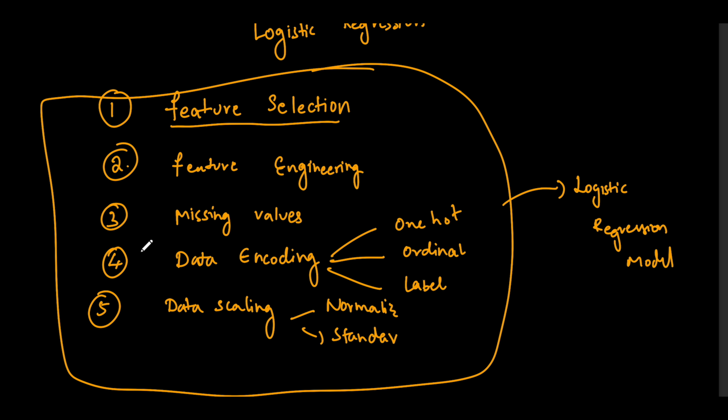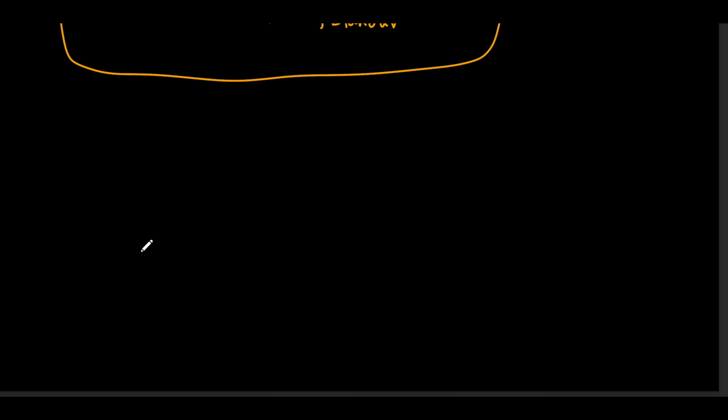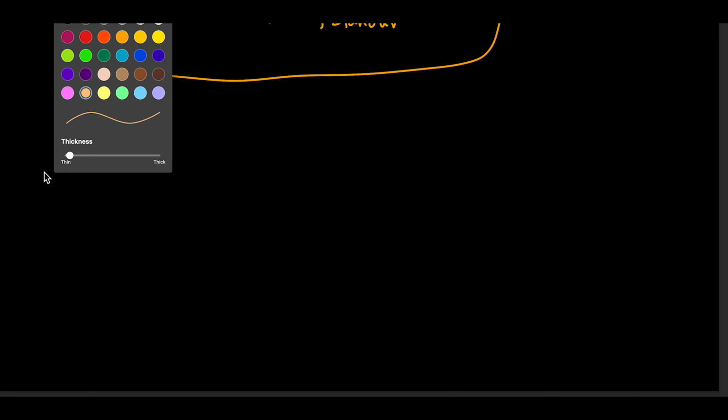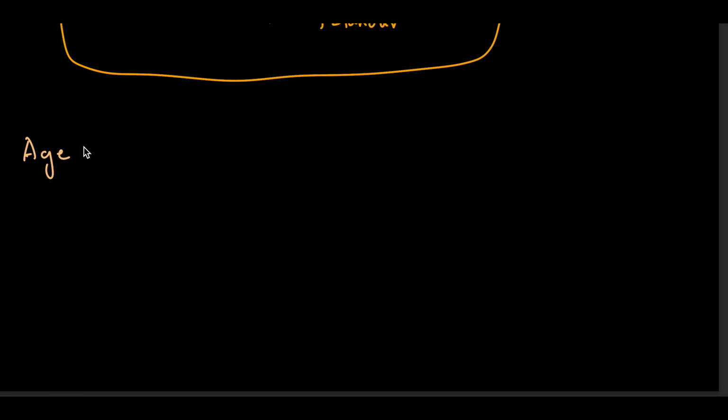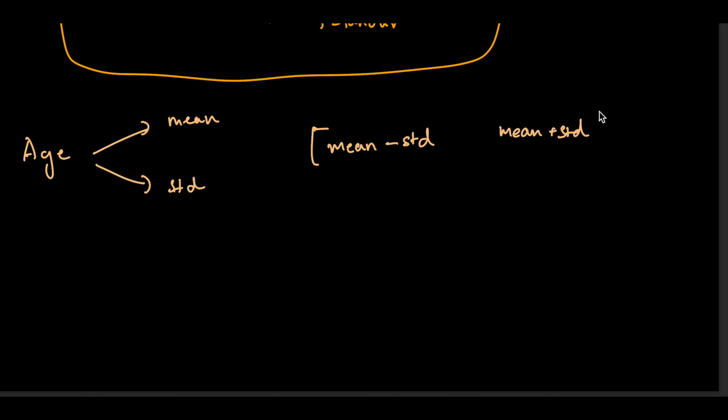So here, let me explain what we are trying to do. Basically, for the age column, we are finding out the mean and also the standard deviation, and then we are fixing some range, that is mean minus standard deviation to mean plus standard deviation, and within this range we are generating some random numbers and then filling the missing values.